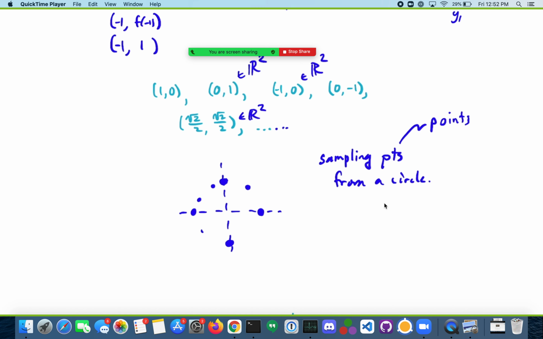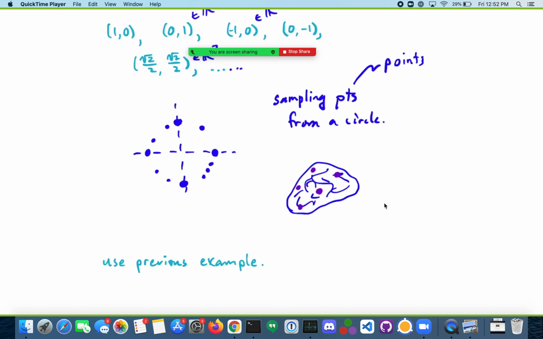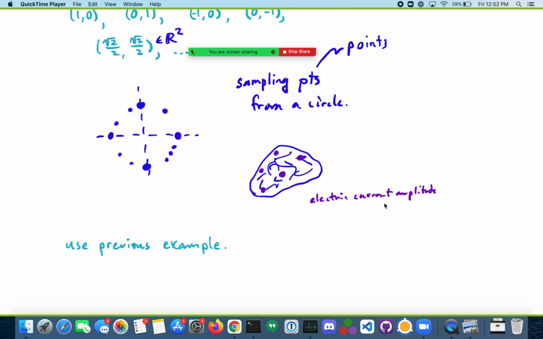And so in experiments in science, you might have data that you're collecting, and that data is a sample of points in some geometric object. Like if you have a brain, this is supposed to be a brain. I don't know, squiggly. It's a brain. And let's say you attach electrodes to the brain at different locations. Then at each moment in time, you look at the electric current amplitude, something, I'm just making something up here, at each of these 5 points.